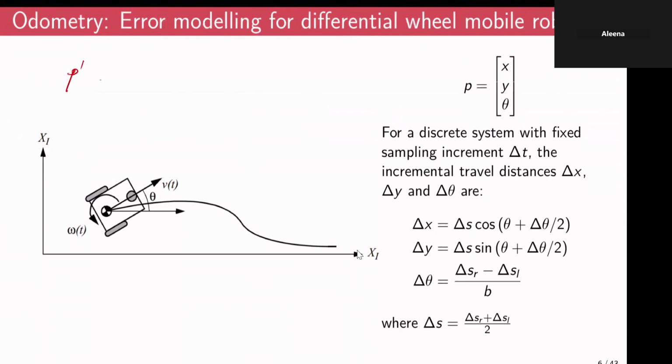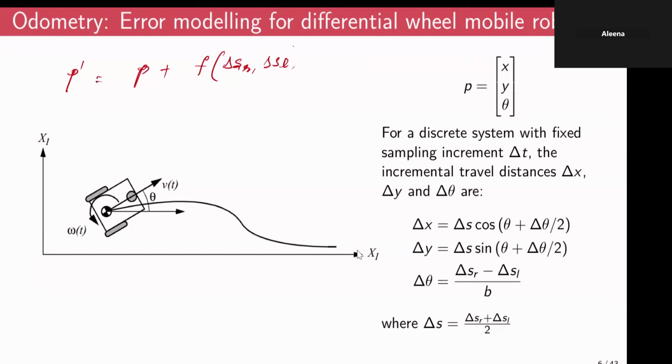This is equal to the estimate of the current position, which I call P, plus a function of the inputs: the input for the right wheel, delta SR, the input for the left wheel, delta SL, and probably the input for the orientation as well, delta theta.